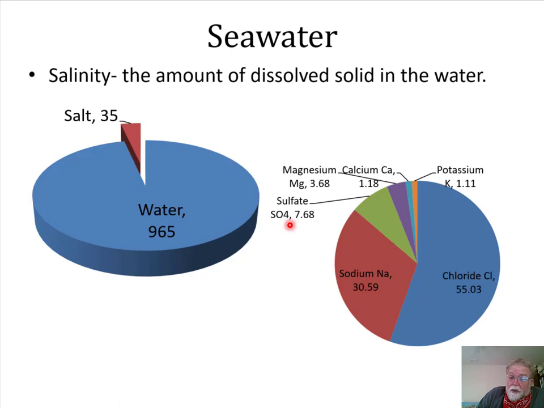Seawater, it turns out, is a very complicated chemical solution. If you want to be an oceanographer when you grow up, you'll take a whole class in nothing but chemical oceanography, which is just the chemistry of seawater.